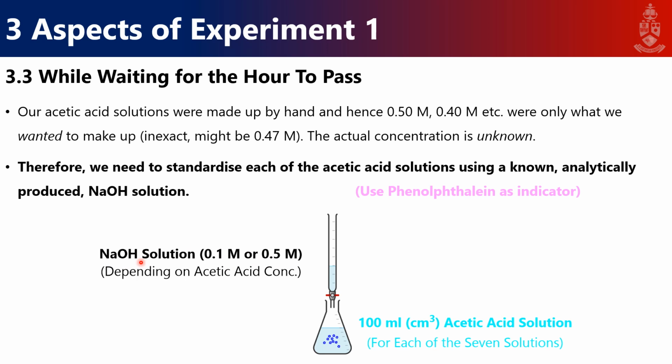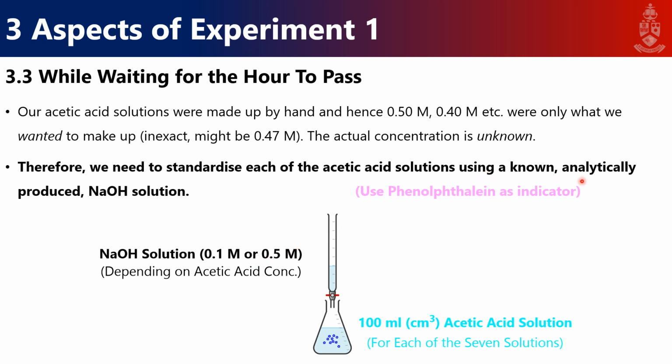Remember that acetic acid is a monoprotic acid, meaning it has one hydrogen. NaOH can accept one hydrogen, so OH can take one hydrogen. So in other words, 0.5 and 0.5 corresponds, 0.4, 0.5 still corresponds.